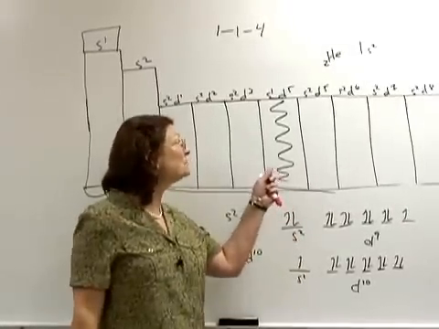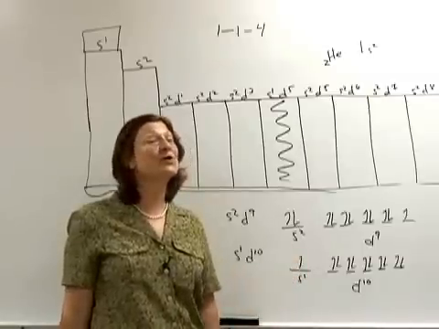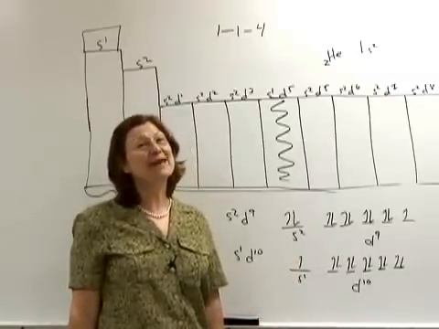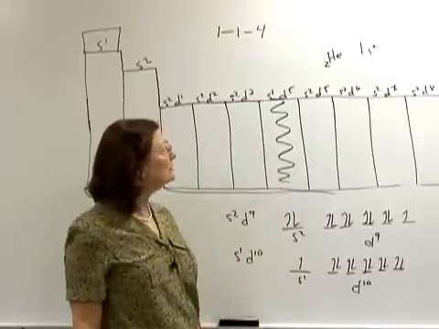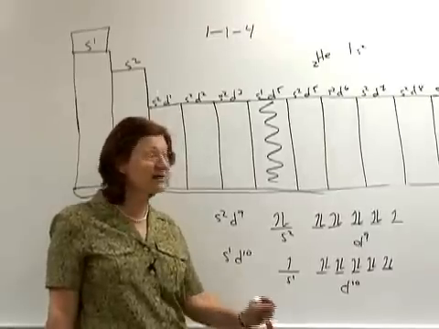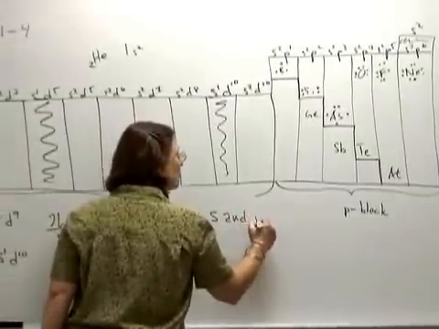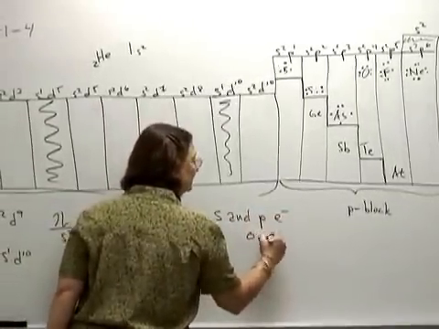Now there's no such exception like this in the P block. It's only in the D block, and then later on you may learn about the F block, but we're not going there, so we're just concerned about the D block. Well, you'll recall that we said that the dot diagrams would have S and P electrons only.